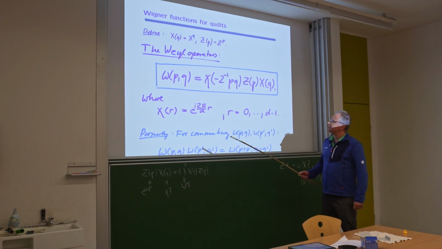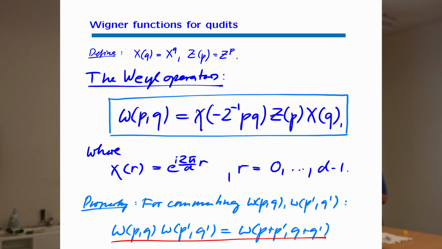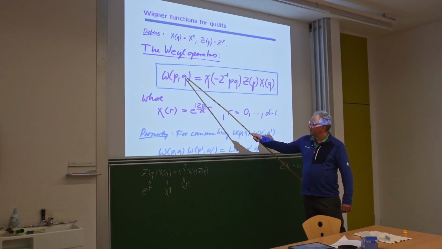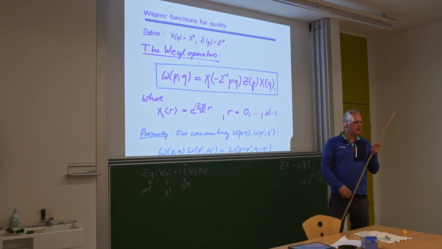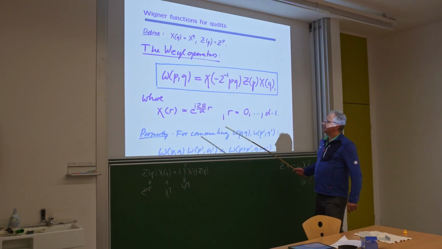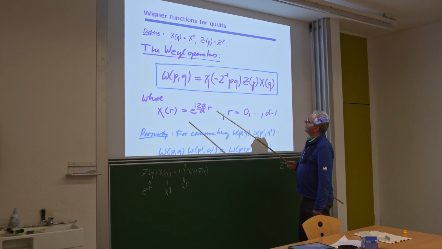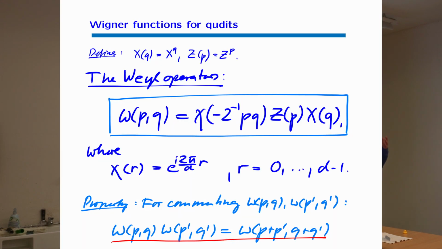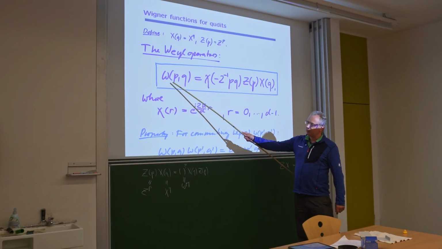Maybe you remember this from the discussion of the stabilizer formalism. So we did something similar back then. These labels that we have here, these numbers p and q, are from Z_d. So this is all modular arithmetic. So these are integers mod d. Like we had it in the binary case, we had integers 0, 1, and now we are trying to construct certain operators from these.